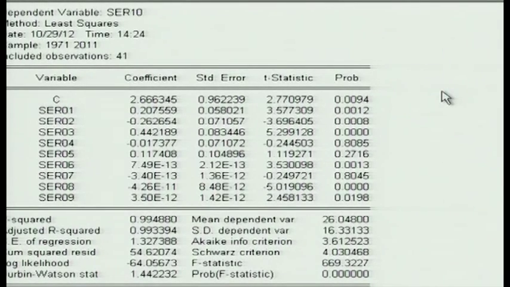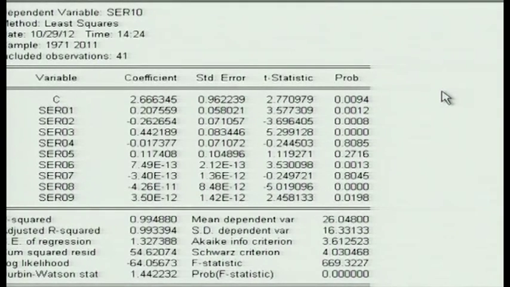So pound has an impact. Mark or German mark or euro has a negative sign. So if euro depreciates, then only US dollar appreciates, dollar in terms of Indian rupee. So there is an inverse relationship. Yen has a positive impact.